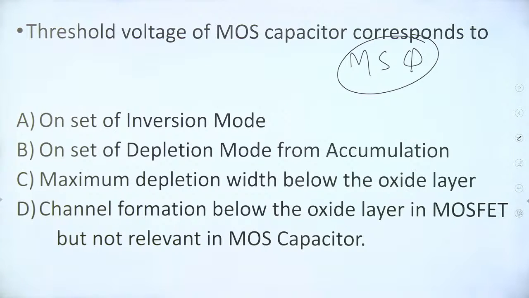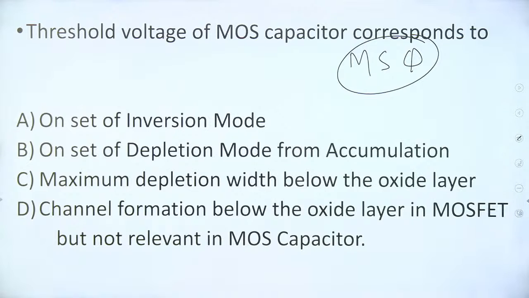Is it onset of inversion? Is it onset of depletion? Do you find the maximum depletion width there? Or do you think this is channel formation only for MOSFET but never relevant in a MOS capacitor?